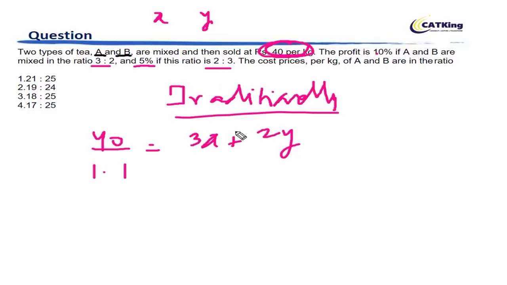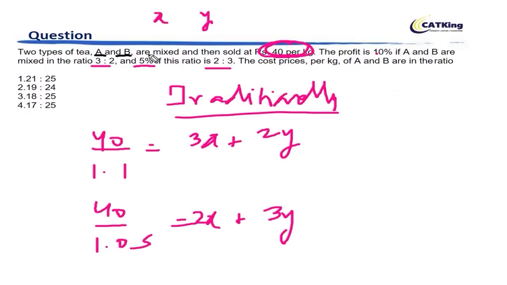When you are taking it in 2:3 ratio, then your cost price becomes 40 upon 1.05. Why? Because in this situation the profit is 5%. If the selling price is 40, your cost price will be 40 upon 1.05. Now all you have to do is solve these equations simultaneously, linear equations in two variables, to reach the solution. That's how you solve it traditionally.